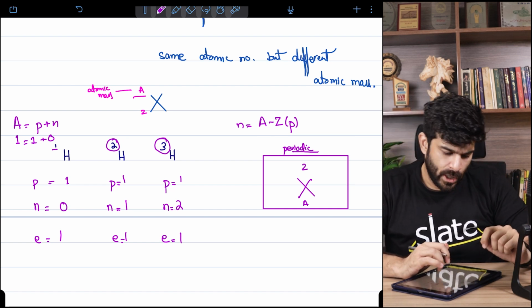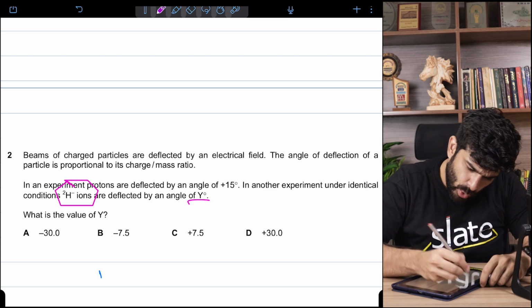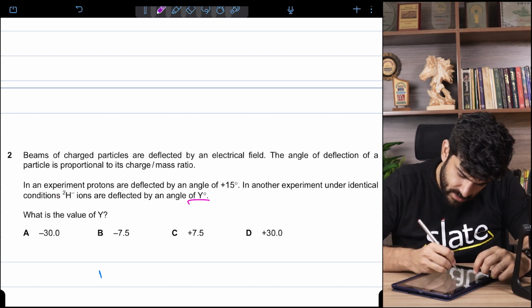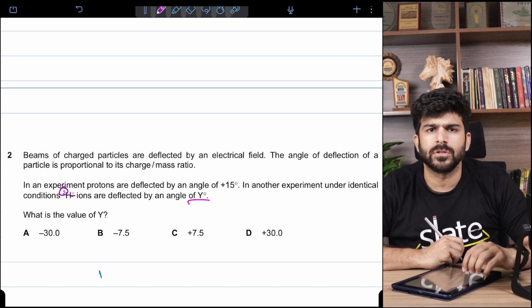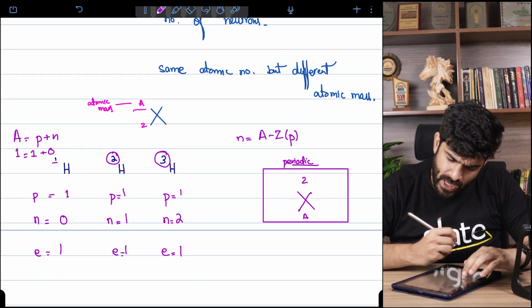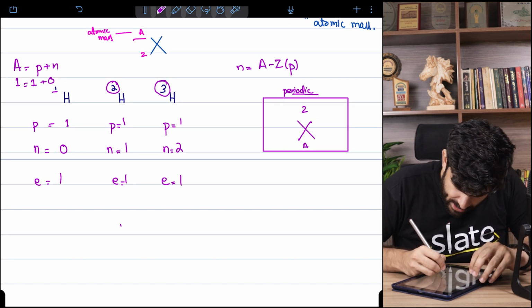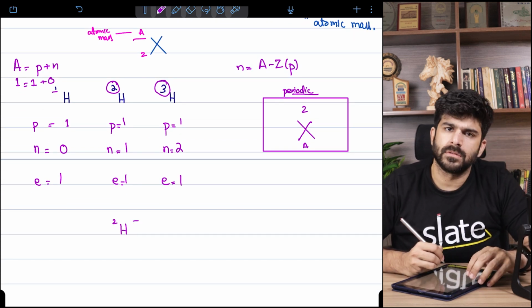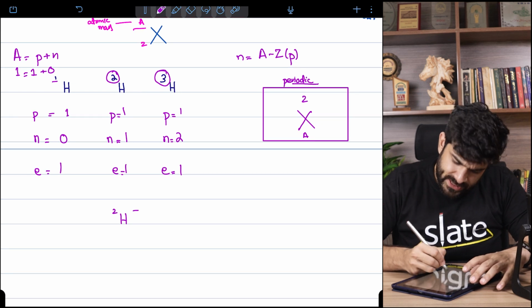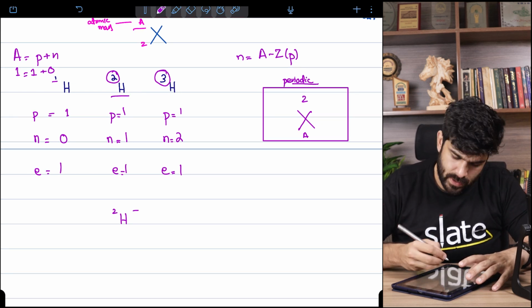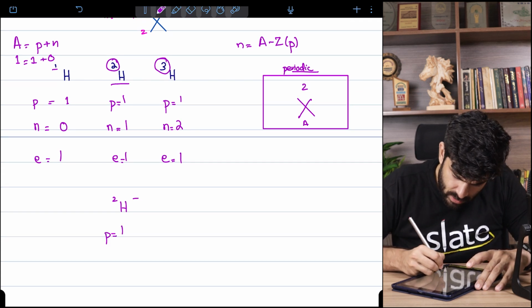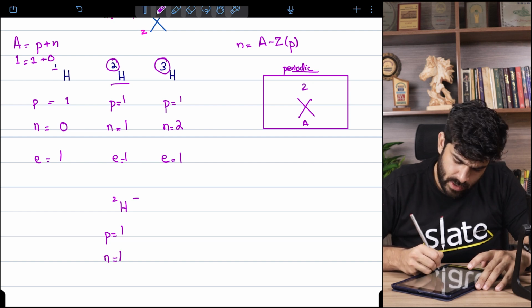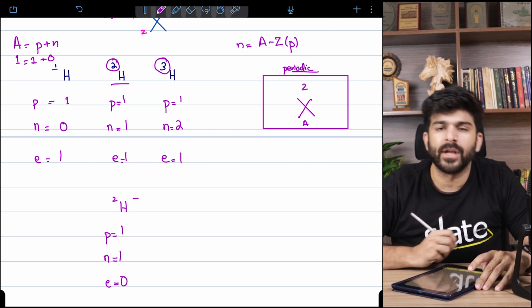So if you notice here, this 2 on the top means atomic mass, but with a negative charge. So how many particles do we have in H2 minus? It's the ion of this isotope. We have 1 proton, we have 1 neutron, and we have 0 electrons.